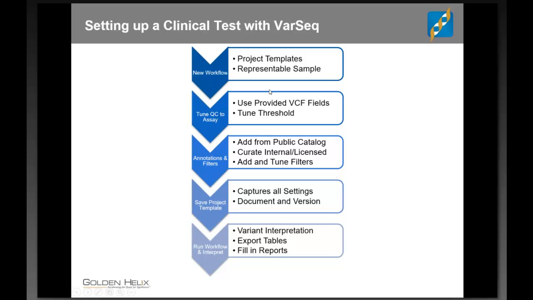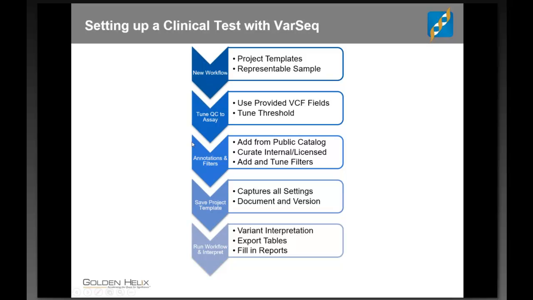And then you'll go through and tune those thresholds to match those expected sensitivity and specificity by looking at the inherent VCF fields. We import every single field in those VCF files. Quite a few of them are standard, things like read depth, genotype quality. Some of them might be specific to your pipeline that have good information for weeding out false positives, things like some sort of statistic on the forward versus reverse strand bias.